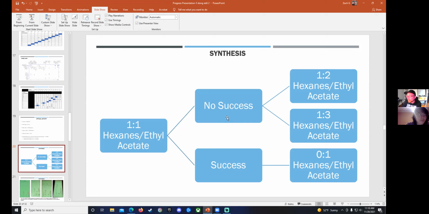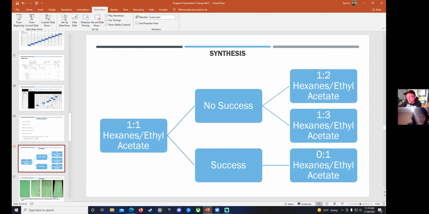We ran into a lot of problems with synthesis as well. I want to say we ended up doing synthesis for 4 weeks, almost a month, because unfortunately we were getting stubborn results, very stubborn aminos.